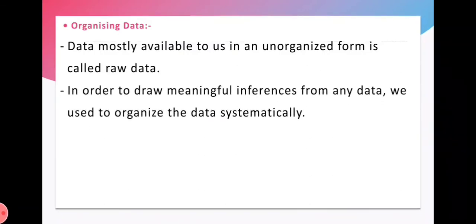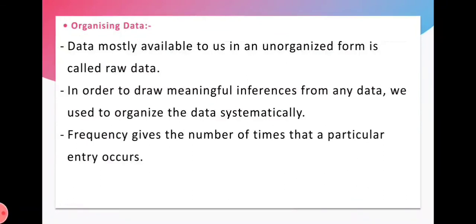In order to draw meaningful inferences from any data, we organize the data systematically. To show this data graphically, first of all we organize the data systematically, which means we arrange the given data in proper order.